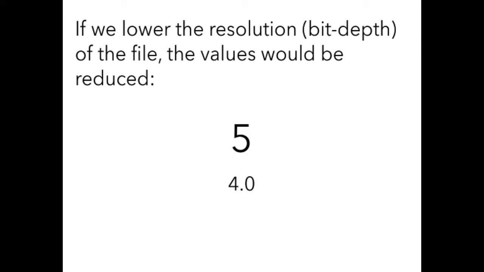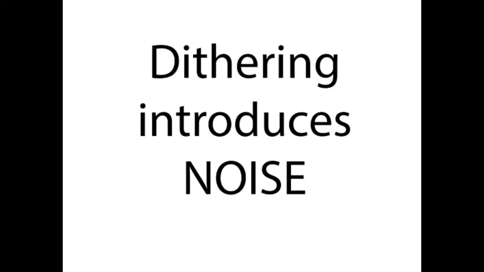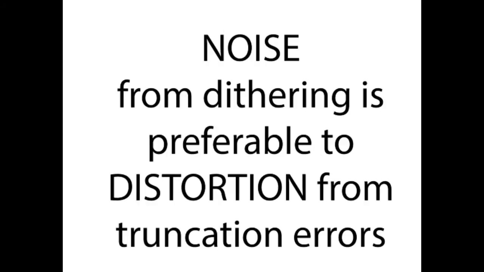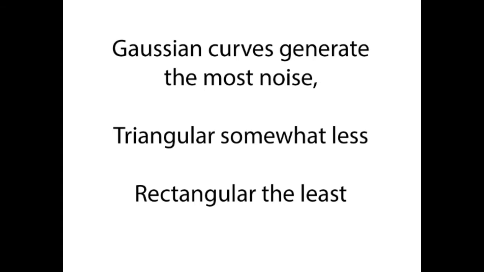However, this introduces noise. The noise itself is, depending on the bit depth of your file, sometimes inaudible, sometimes masked by the music itself, and is much preferable to the actual distortion which is caused by truncation. However, be aware that the Gaussian curves or the triangular probability will create more noise than the rectangular probability.